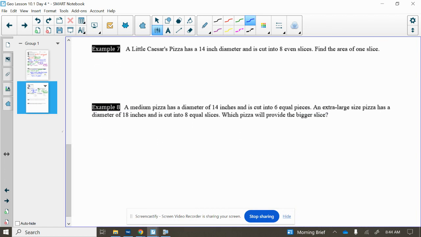All right, last 2 examples are some more word problem type problems. So in the first one, it says the Little Caesars pizza has a diameter of 14 inches, and we cut it into 8 even slices. What would be the area of one slice? A couple options to do this, but one way we could think about this is if we find the area of this whole pizza.